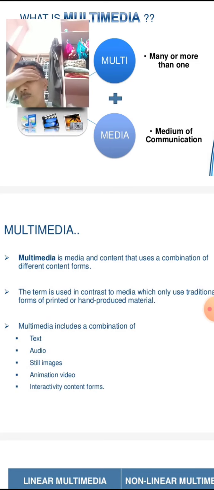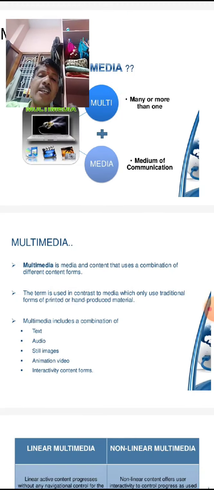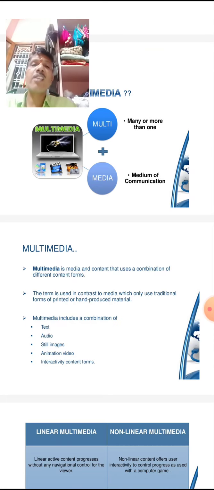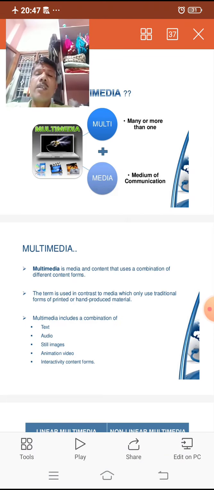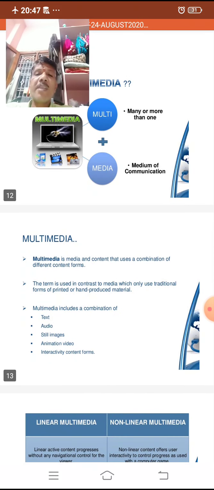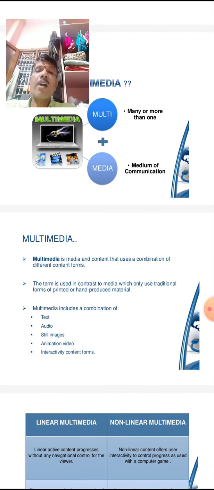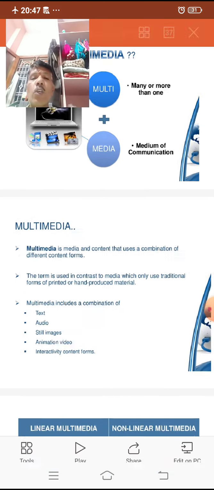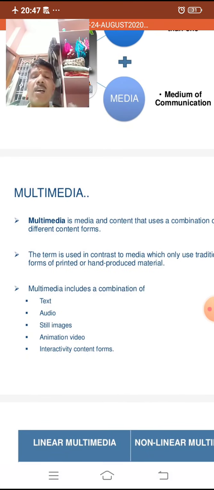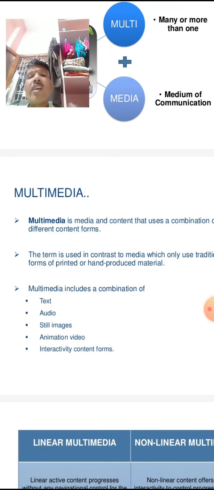But the actual definition of multimedia means it is a combination of text, audio, images, animation, nothing but video, and interactive content forms, nothing but graphics. All these combined will be treated as multimedia.